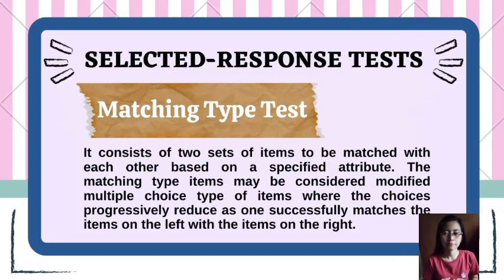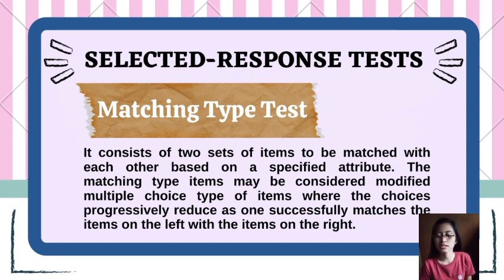Another type of selected response test is the matching type test. The matching type test consists of two sets, set A and set B, which match with each other based on a specified attribute.